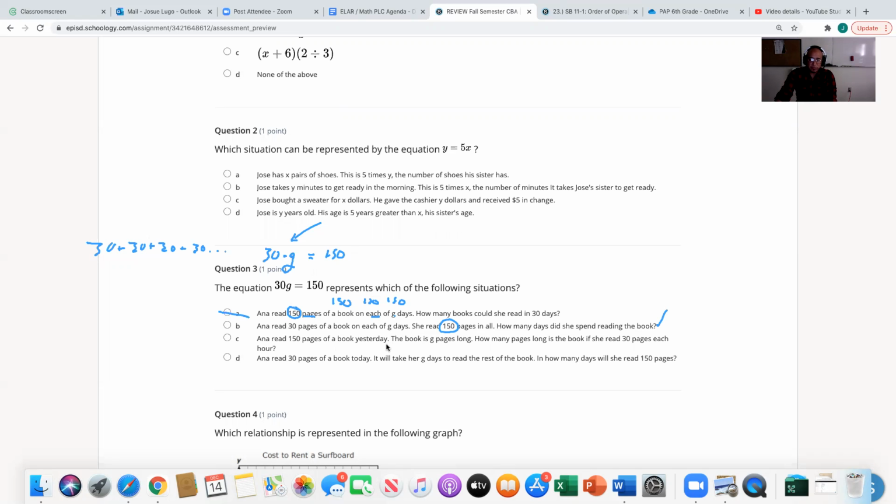C. Anna read 150 pages of the book yesterday. So she starts off with 150. The book is G pages long, so that's the total pages that the book is. How many pages long is the book if she read 30 pages each hour?